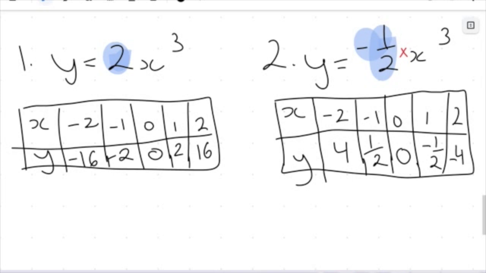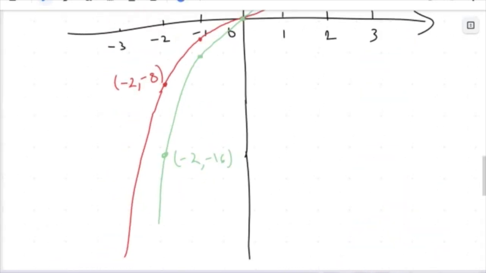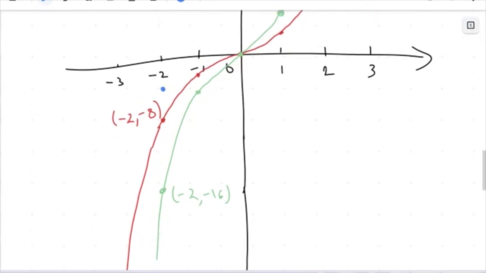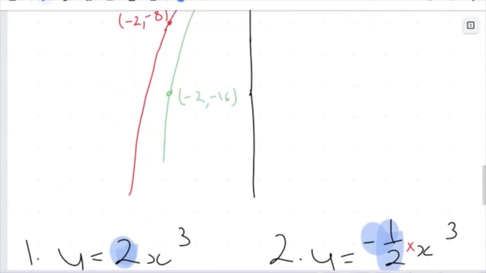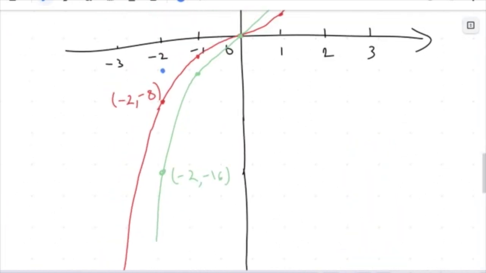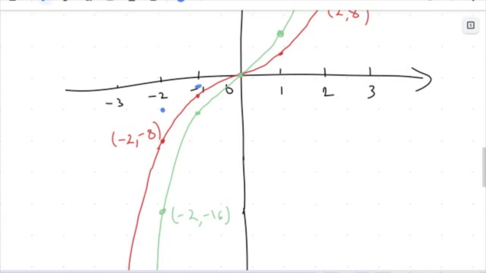So let's draw this one now and see what happens here. So when x is negative 2, y is negative 4. Obviously this isn't to scale. I'm just trying to draw this relative to where I did my other points. When x is negative 1, we get negative a half. For 0, we get 0, and we get a half here.